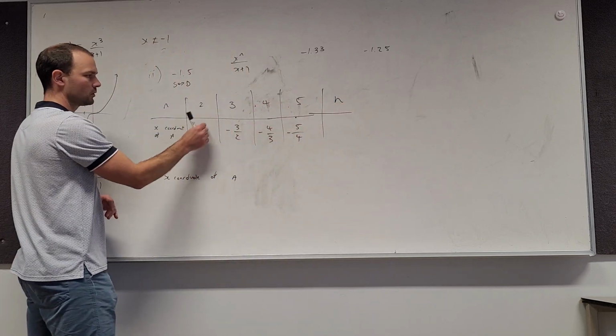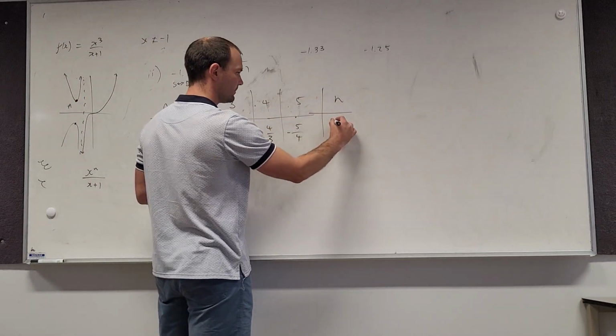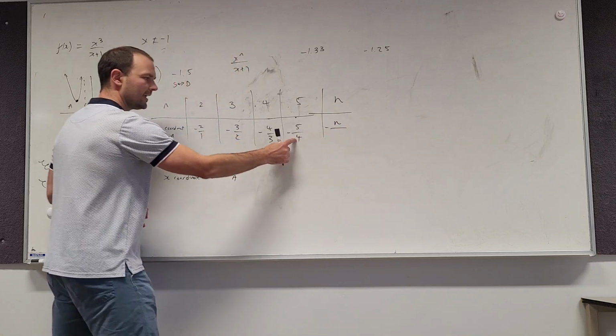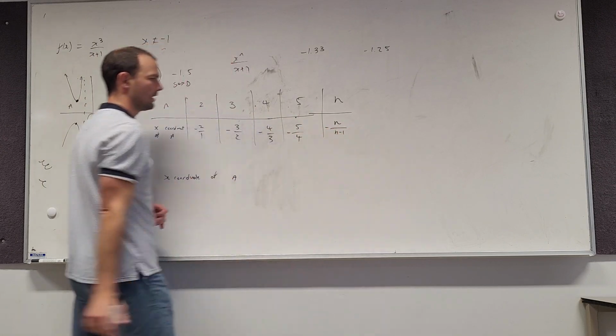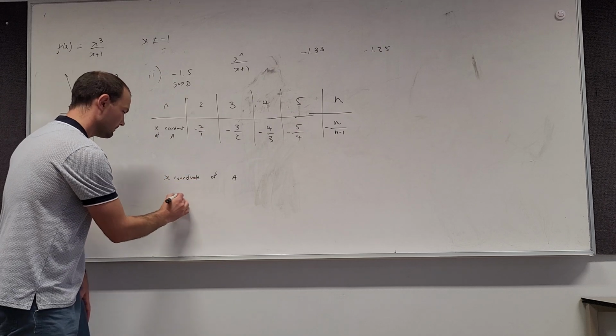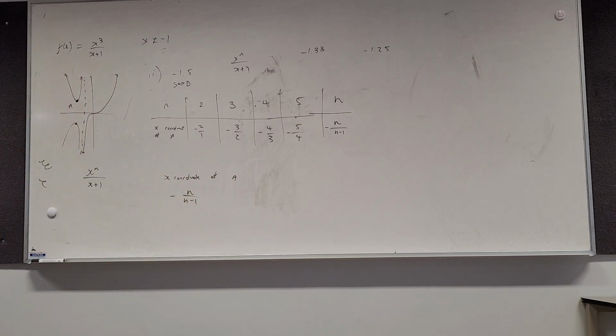Okay, we've gone 2, 3, 4, 5. So that means n is going to be at the top. We have this negative out the front, and at the bottom, each number is 1 less than n. So we can put n take 1 at the bottom. So our conjecture, the x coordinate of A is going to be minus n on top of n take 1.